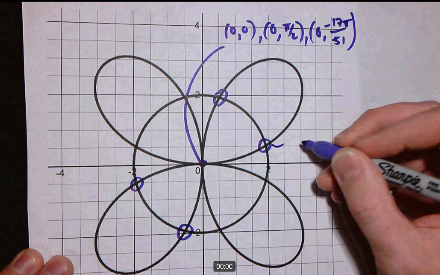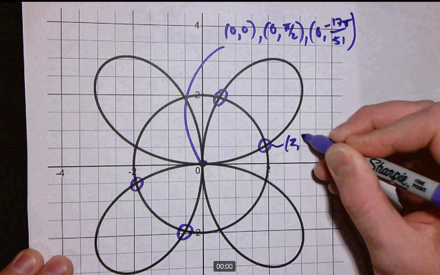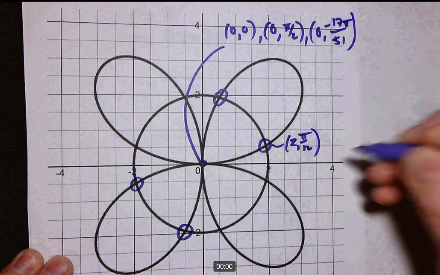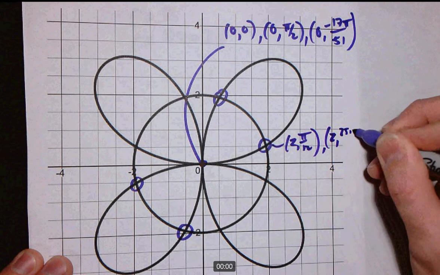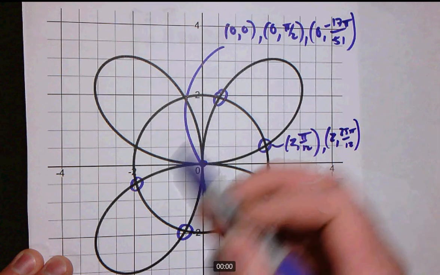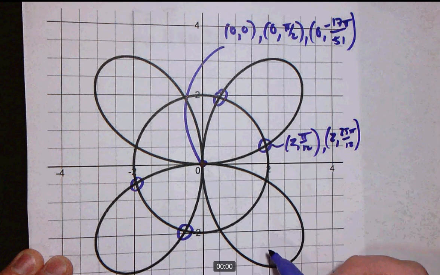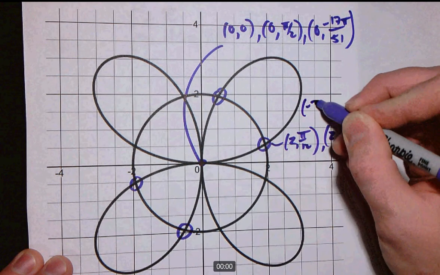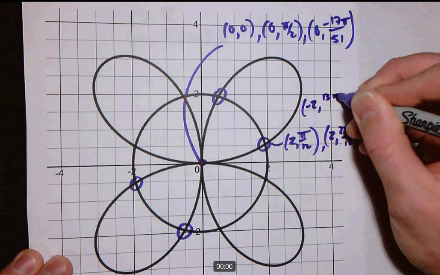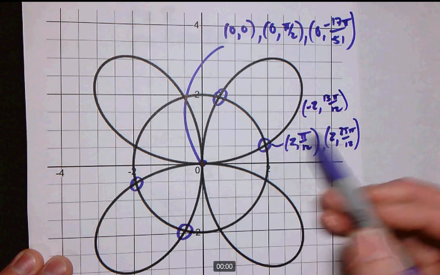I mean, this is the point 2 comma pi over 12, but of course it's also the point 2 comma 25 pi over 12, because you just go around a second time. In fact, it's also the point negative 2, 13 pi over 12, and so on.